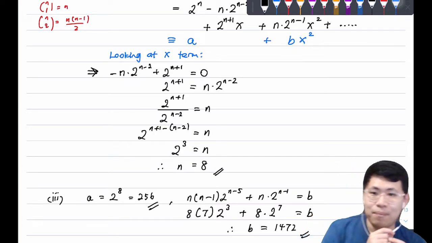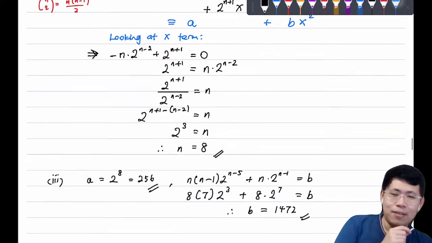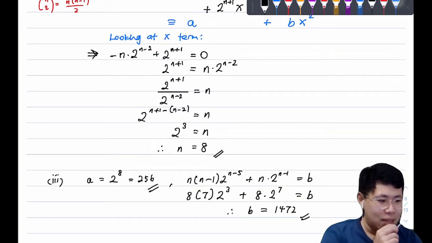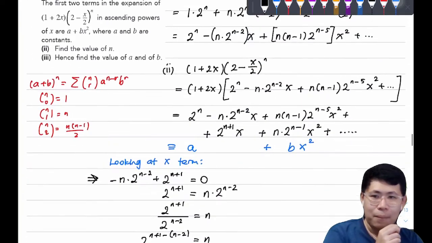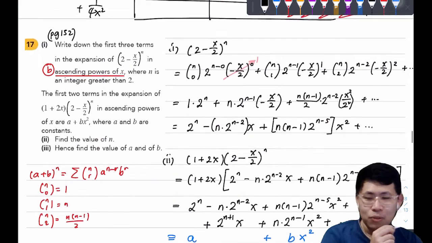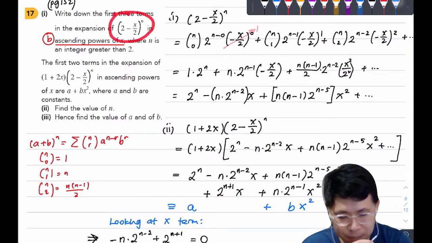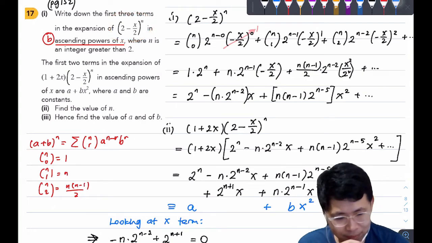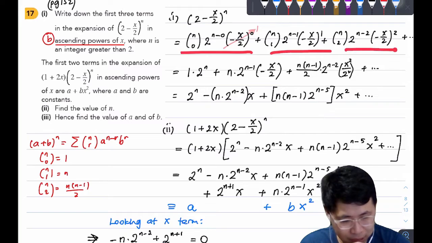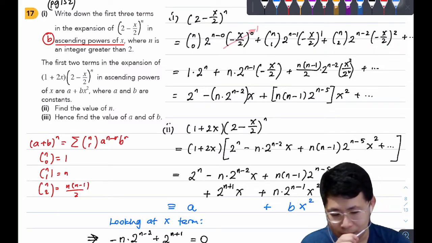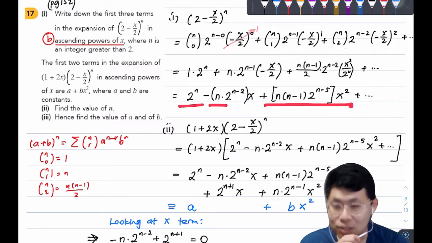Okay, so let me recap on what's going on over here. Usually the first part they'll ask you to expand the unknown n. So I have an expansion. I will use the binomial theorem to expand for the first 3 terms. You just follow how many terms. So I have this over here.